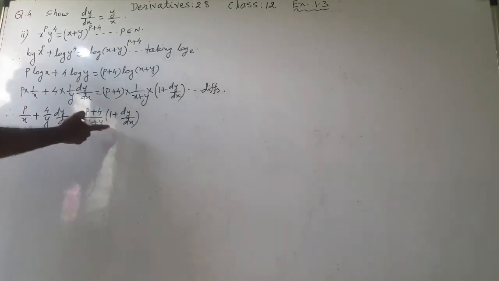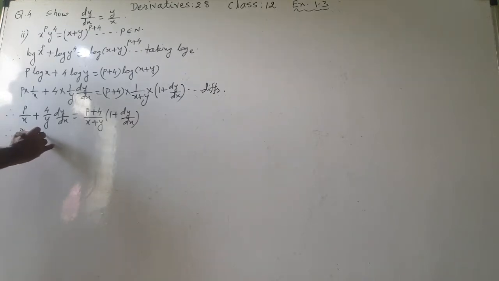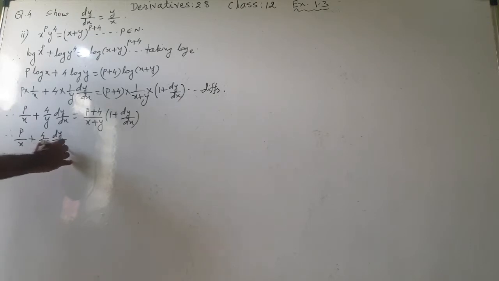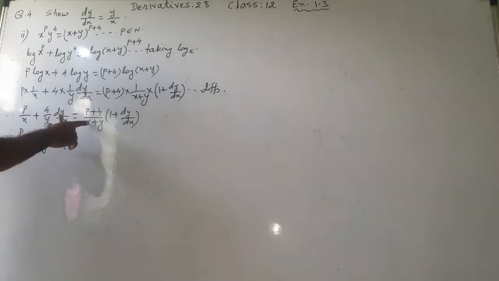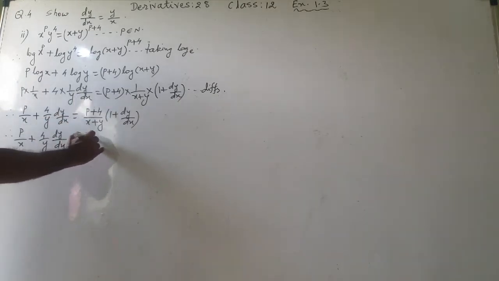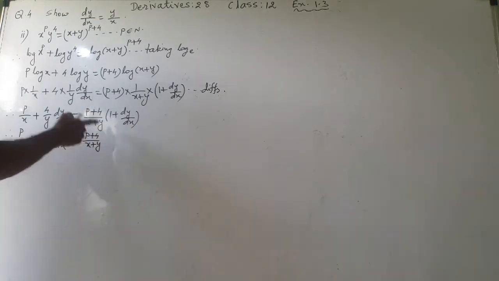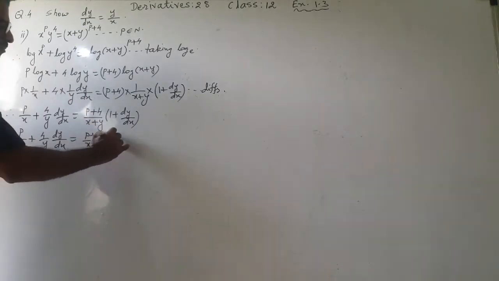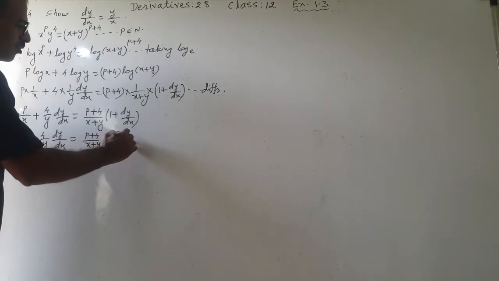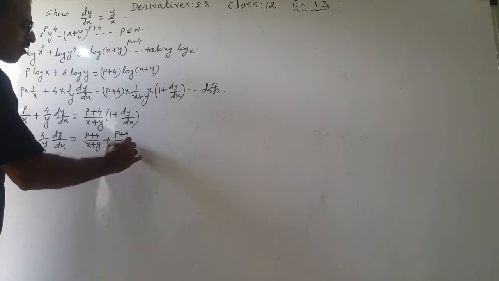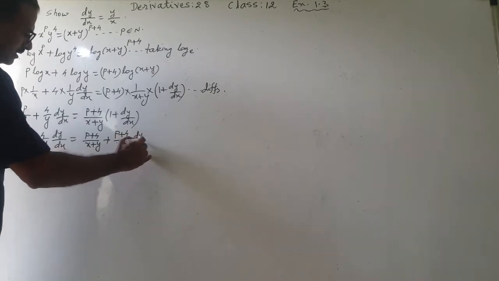Now I will open this bracket. Therefore, p upon x plus 4 upon y dy by dx is equal to p plus 4 upon x plus y into 1, which will be the same, plus p plus 4 upon x plus y into dy by dx.